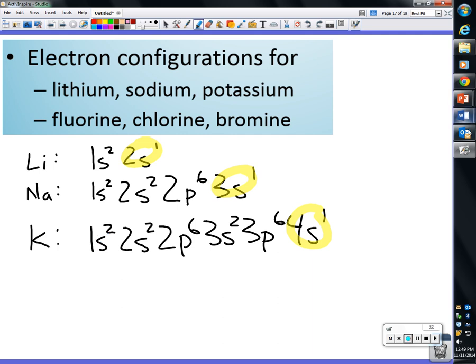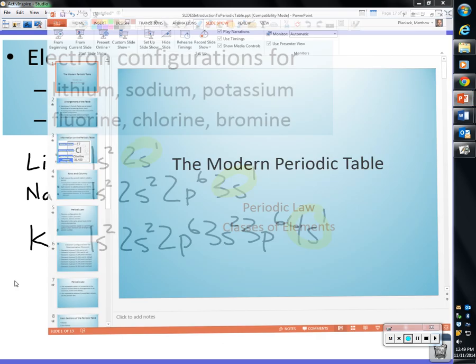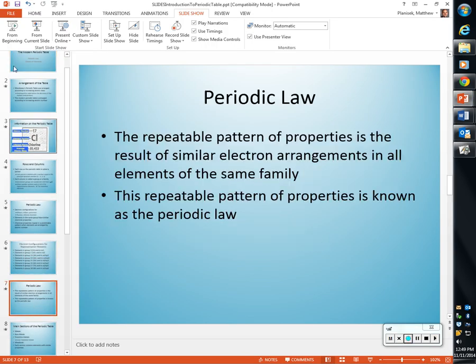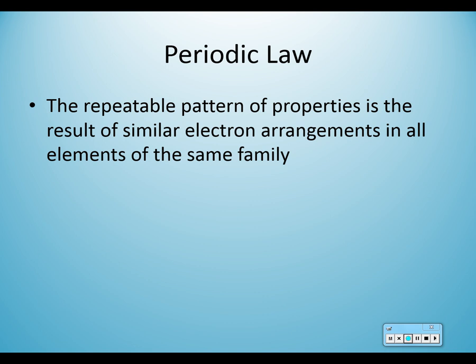So, what we find out is periodic law is the repeatable pattern of properties as a result of similar electron arrangements in all elements of the same family. Their electron arrangements are not the same because they keep getting bigger and bigger.